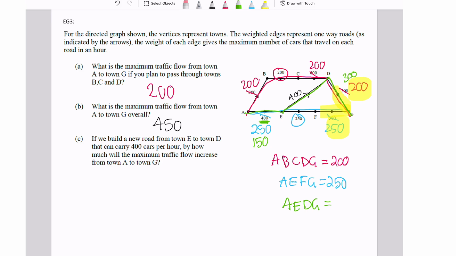And my blue route is using 250, which means the most my green route can use is 150 cars. So that means that is my maximum flow along that route.